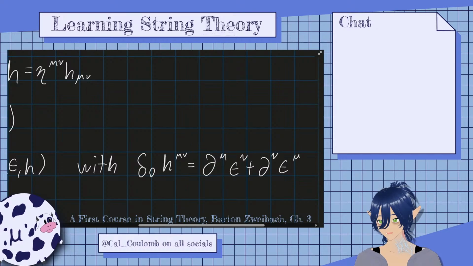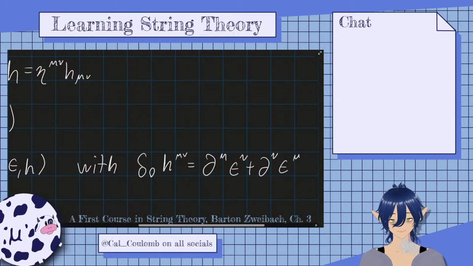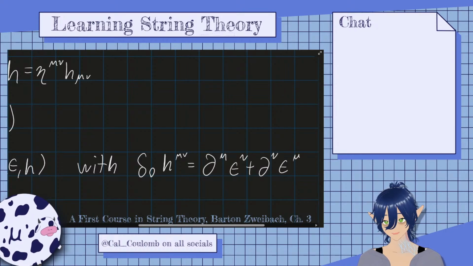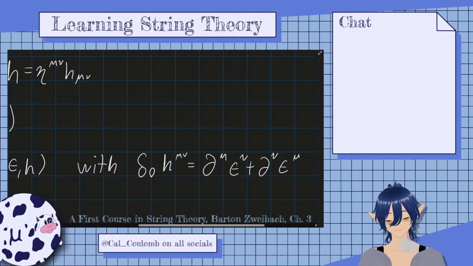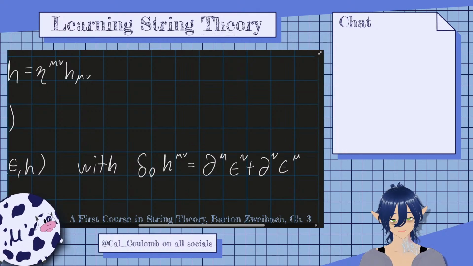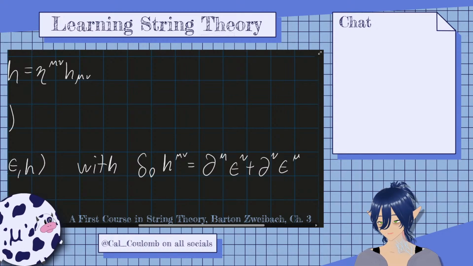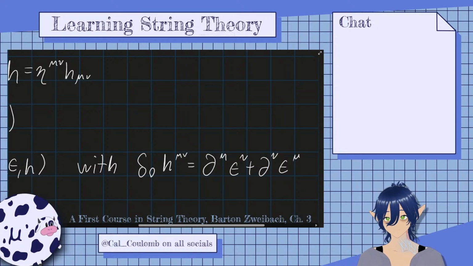The invariance of the full nonlinear equation of motion under the gauge transformations delta h mu nu requires the invariance of the linearized equation of motion 3.82 under delta 0 h mu nu. Indeed, when we vary the h's in 3.82 using delta 0 h mu nu, we get terms linear in epsilon but without an h.